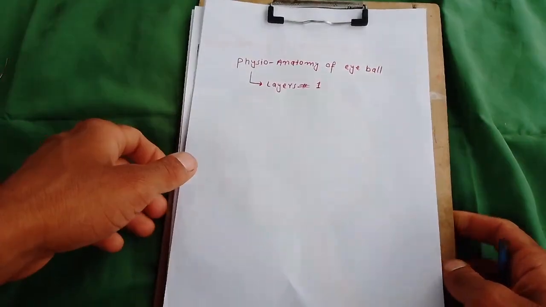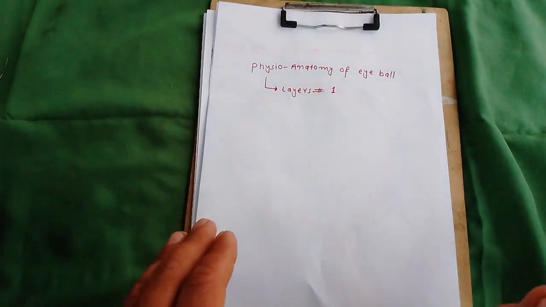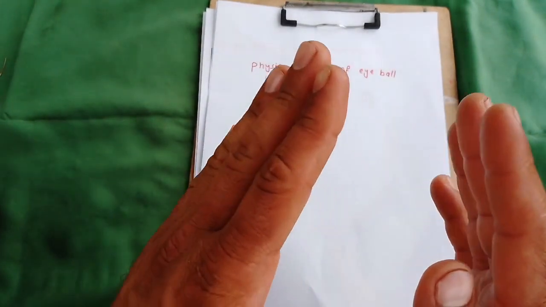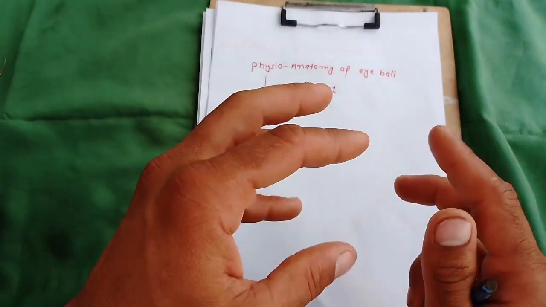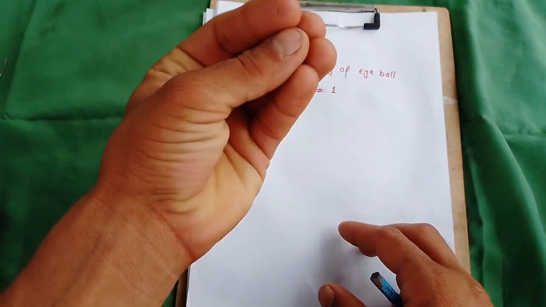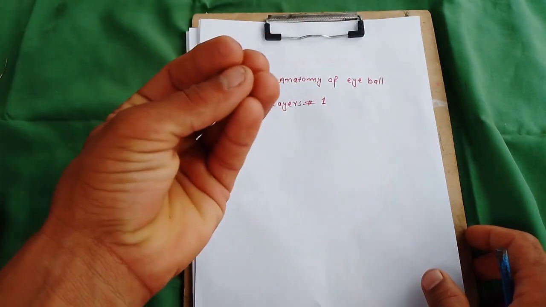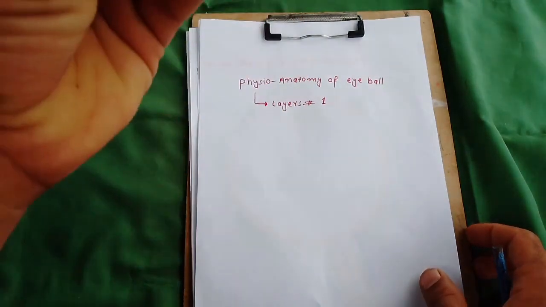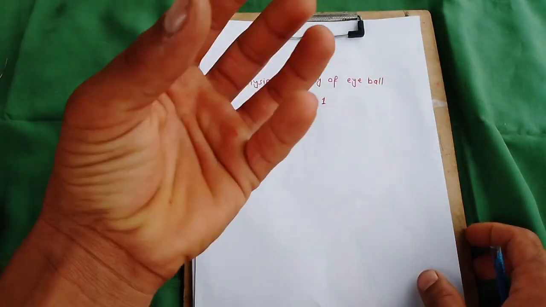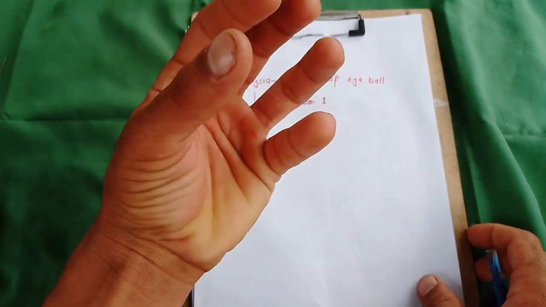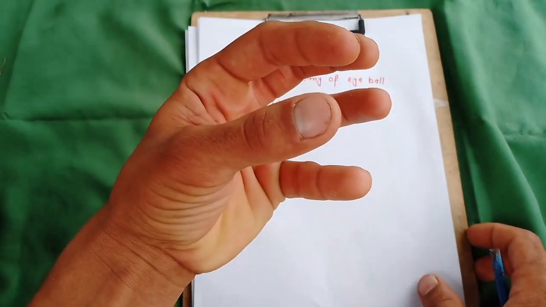What is the eyeball? The eyeball has a ball-like shape, which is present in the eye socket. What is the eye socket? The eye socket consists of different types of facial bones.